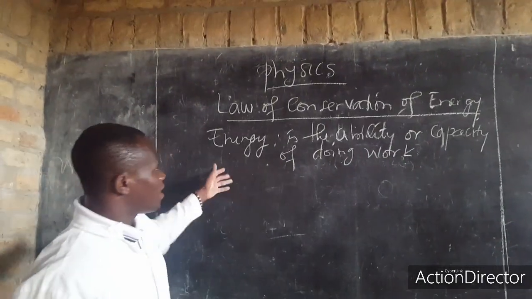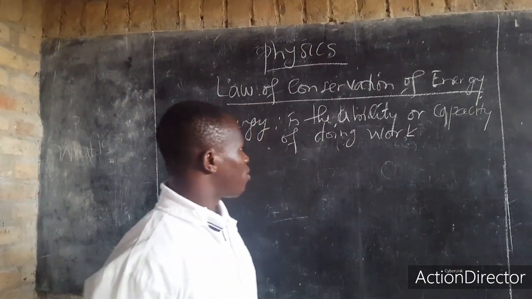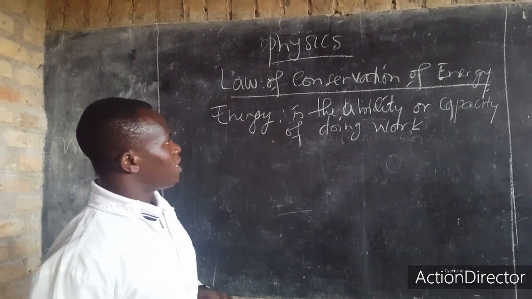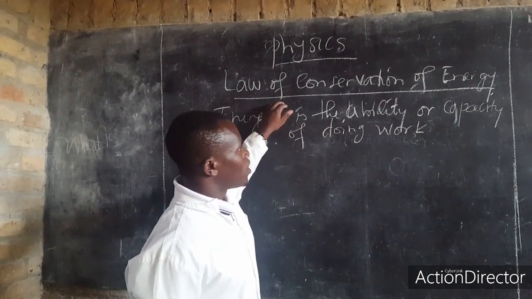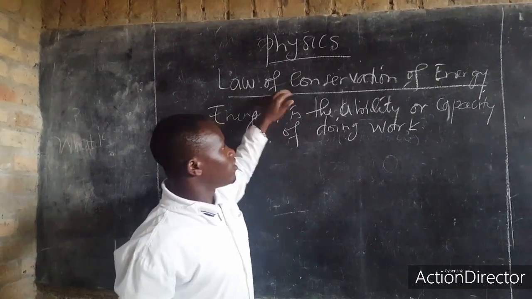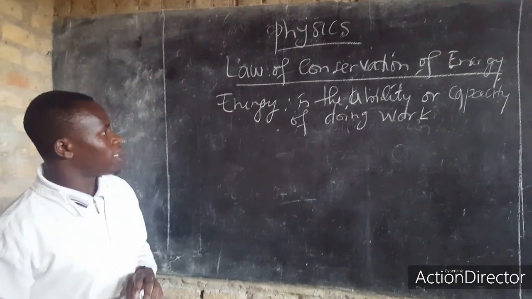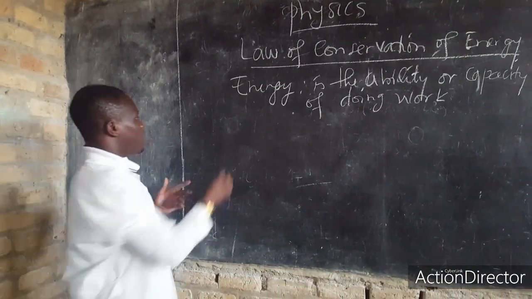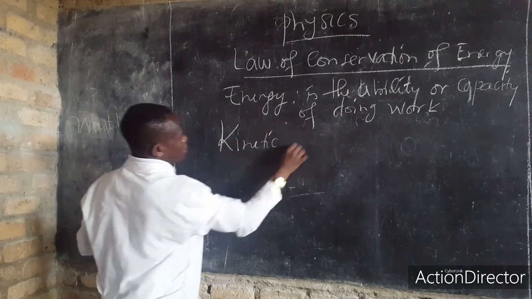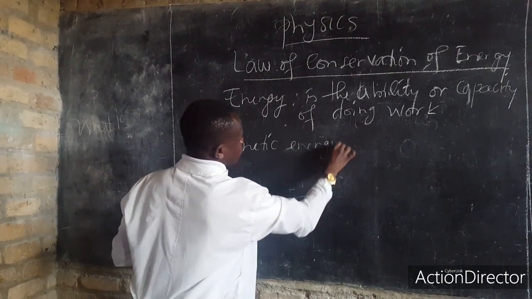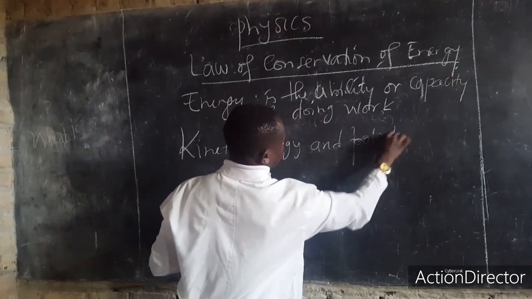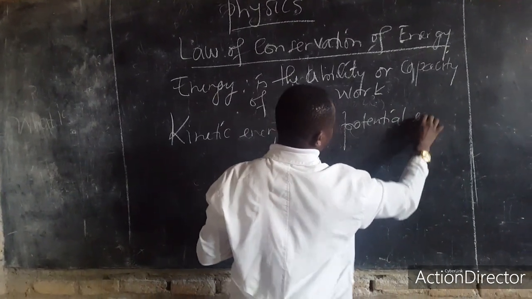If the energy is the ability of doing work or capacity of doing work, we have two kinds of energy that you are going to be taking care of when we are explaining about the law of conservation of energy. So we are going to take care about kinetic energy and potential energy.